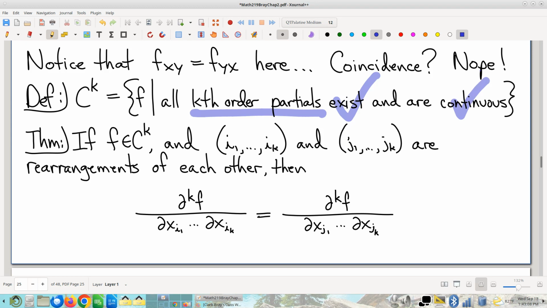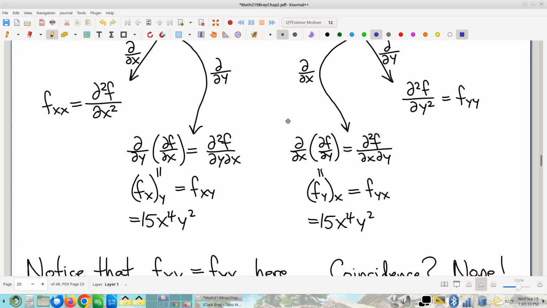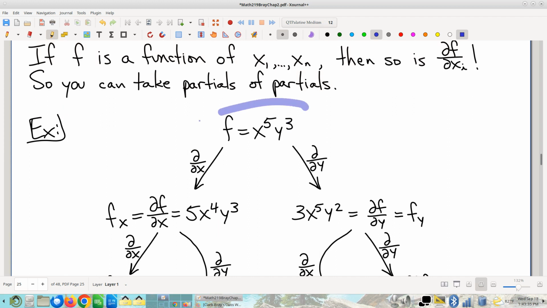Now, it does seem silly to note a convenient statement about higher order partials that you can only conclude if you've already computed the higher order partials. Yes, that is seemingly pointless. But very often, this is a lot easier to observe than actually computing them. So, for example, take a polynomial here. Any polynomial, in fact.